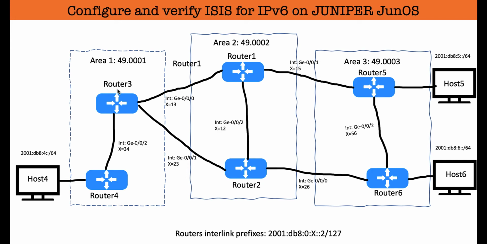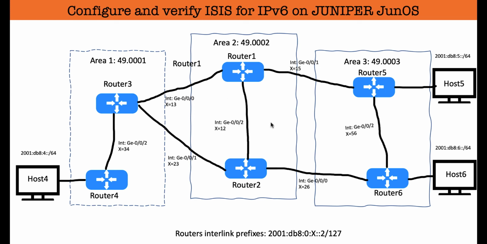Router 3 will be able to build adjacency with router 1 and router 2 because these two routers are going to operate at both level 1 and level 2. And router 5 would be able to build adjacency with router 6 because both will be operating at level 2. And they will be able to build adjacency with router 1 and router 2 because these are operating at two levels, level 1 and level 2.